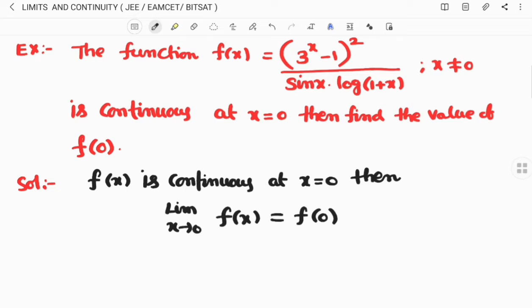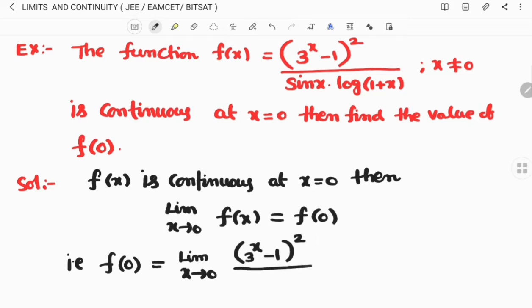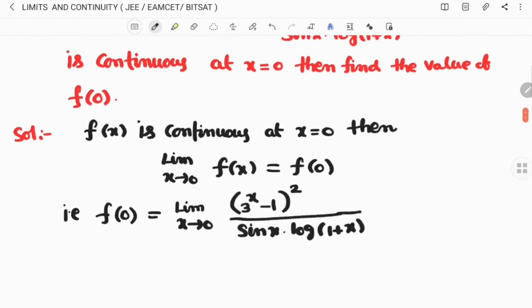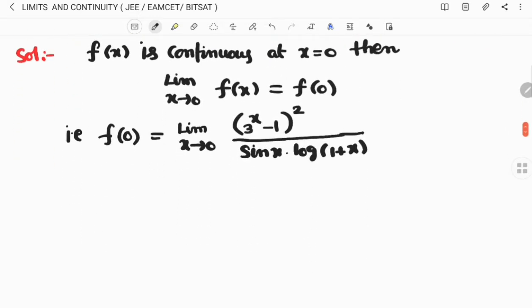So here f of 0 equals limit x tends to 0, (3 power x minus 1) whole square in place of f of x, divided by sin x into log of 1 plus x. So we will find out this limit. In the numerator, (3 power x minus 1) whole square is there. In the denominator, sin x and log of 1 plus x.